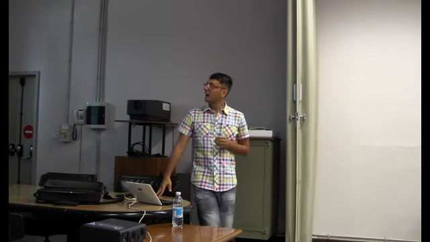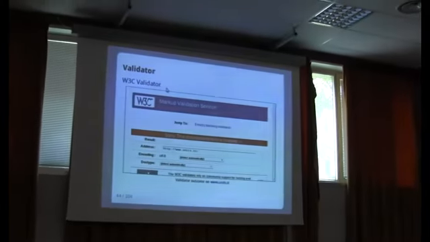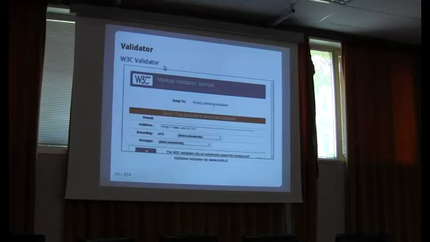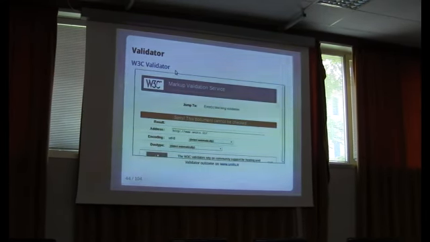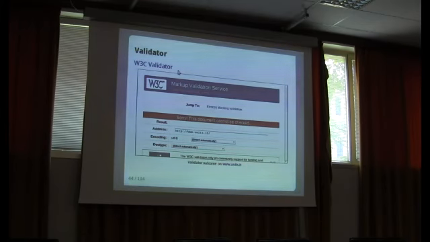Okay, in this slide I just show you the validator. In parentheses, the slides are available on my website, and in the slides themselves there are a lot of links. So for example, here you can access the validator. This is the official validator of the W3C organization.